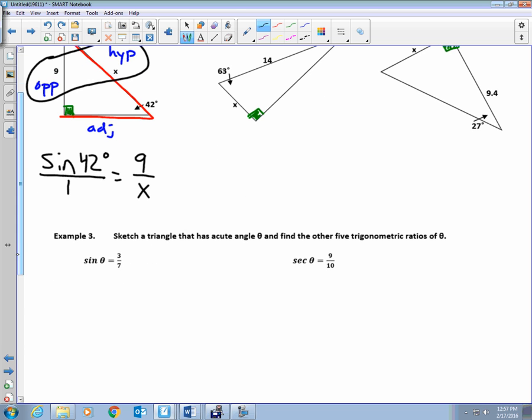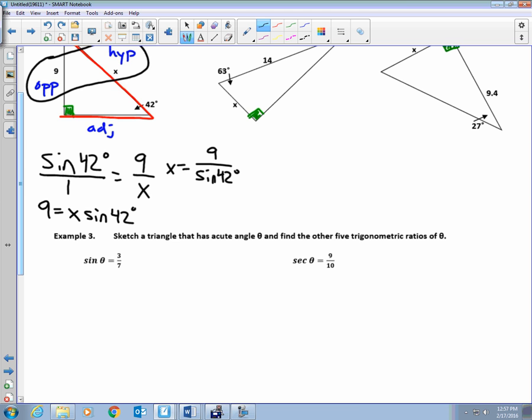Uh-oh, time to cross multiply. I get 9 is equal to x times the sine of 42 degrees. How do I get rid of the sine of 42? Divide it off, and you get x is equal to 9 over the sine of 42.